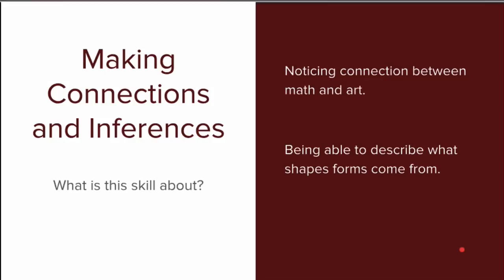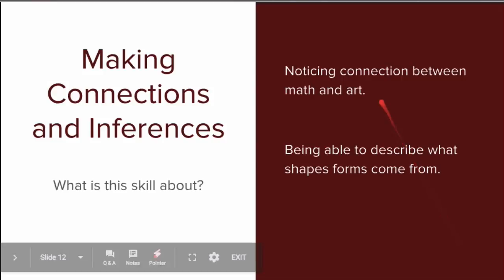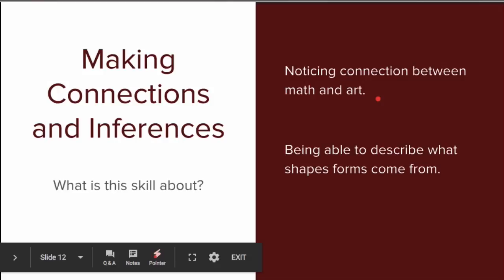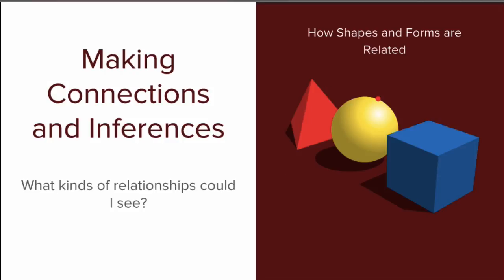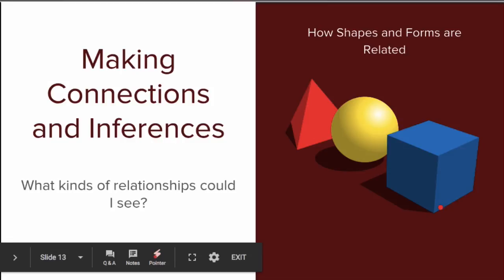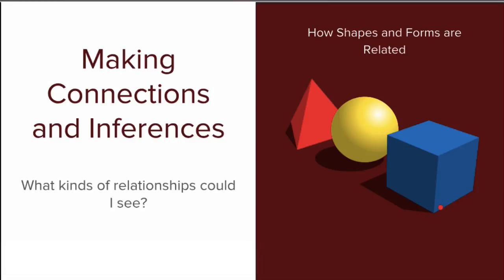So in this project, this skill is all about doing things like noticing the connection between math and art and being able to compare and describe shapes and forms. Some of the connections you'll see, or some of the relationships you'll see, is how shapes become forms, like how a circle becomes a sphere and how a flat square becomes a 3-dimensional cube. So that's all a part of what you'll be practicing and learning in this project.